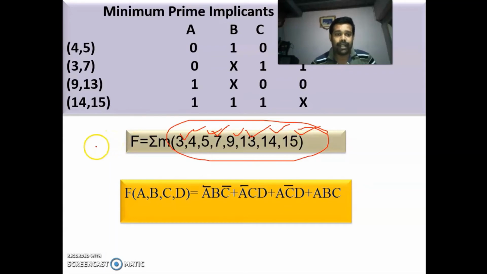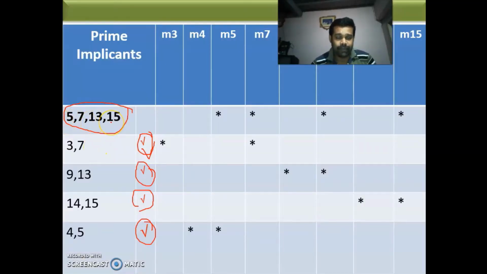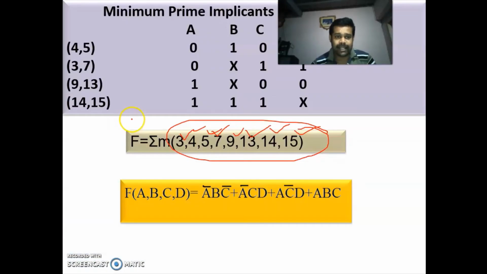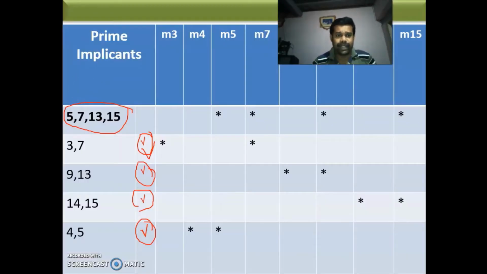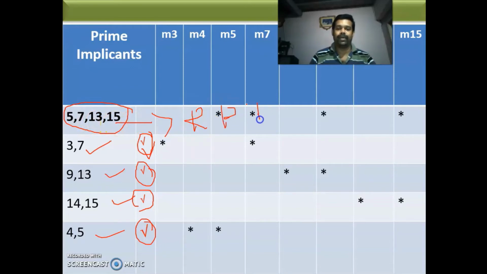So even if you neglect 5 7 13 15, no problem, because in the sets 4 5, 3 7, 9 13 and 14 15, all the min terms are getting grouped. So there is no need to consider 5 7 13 15. From these prime implicants we have got the minimum prime implicants as 3 7, 9 13, 14 15 and 4 5, and 5 7 13 15 is a redundant prime implicant. No need to consider it.